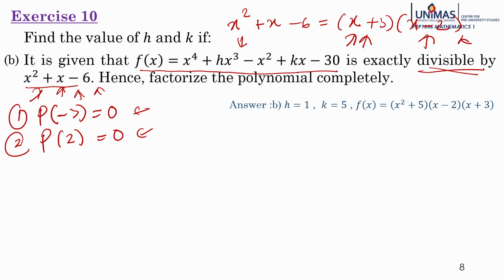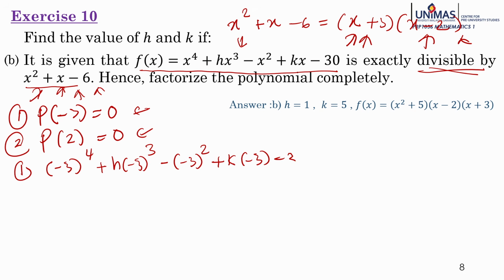First we substitute the value of negative 3. So negative 3 to the power of 4 plus h times negative 3 cubed minus negative 3 squared plus k times negative 3 minus 30 equals 0. And then you simplify.